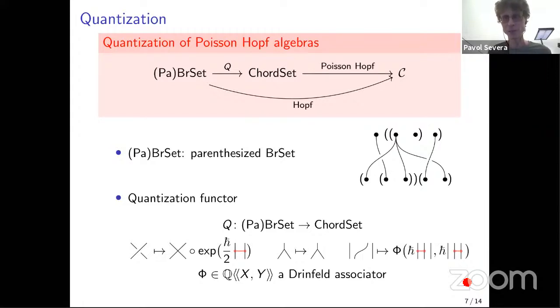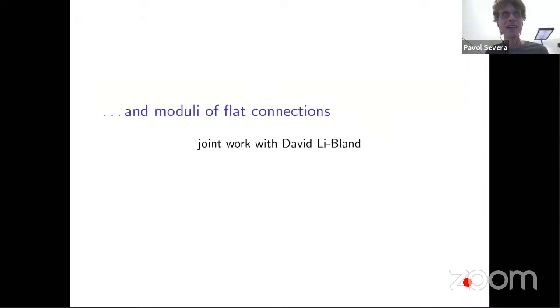I hope that somebody at some point will look at it. So now I'll tell you about moduli spaces of flat connections on surfaces with decorated boundary, which is work that we did with David Leblanc a few years ago.